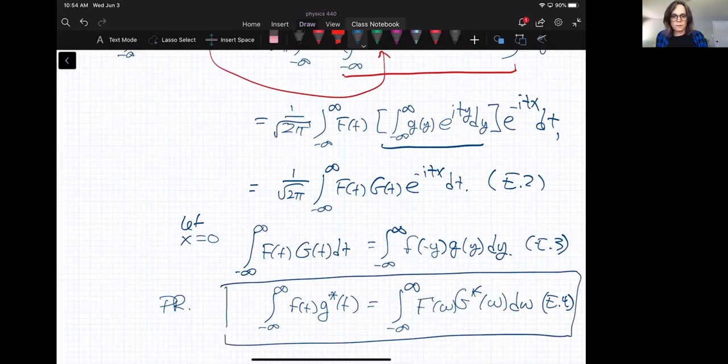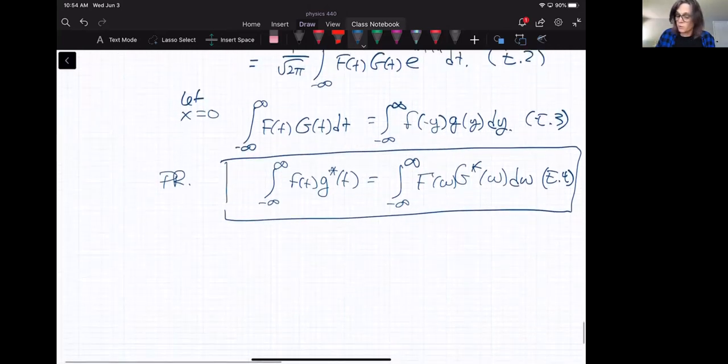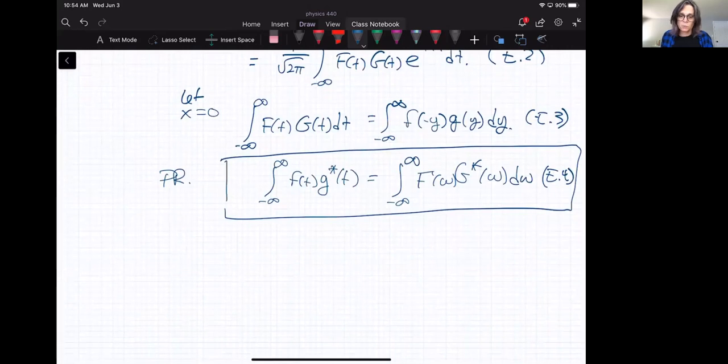So again, this is one of these really beautiful, simple results. But the real utility of this comes when we start using this in, say, momentum space representation. The main idea here is that we've taken two related functions and related their functional form to the integral of their Fourier transforms.